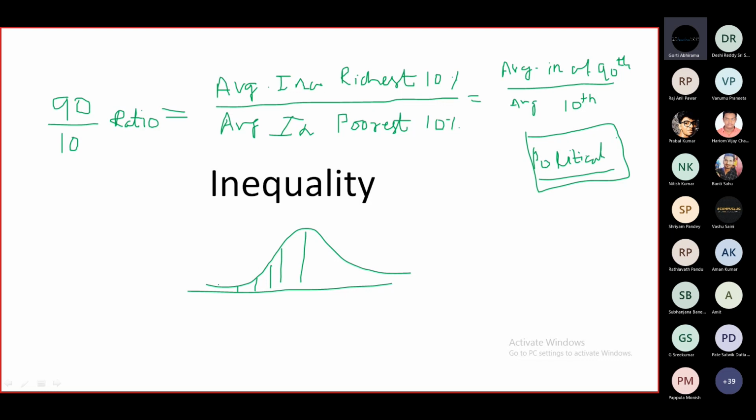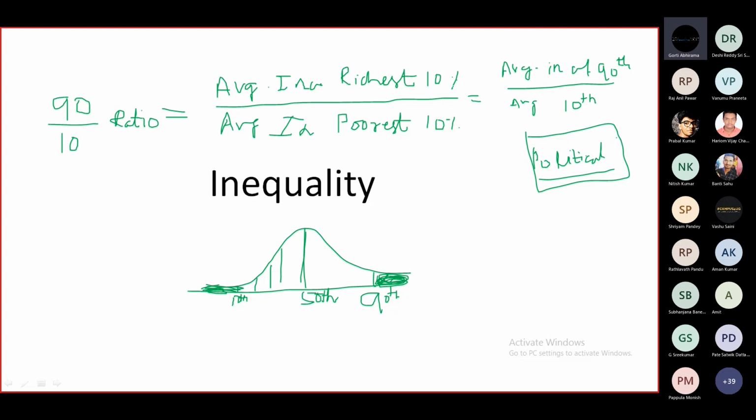This is my 10th percentile, this is my 50th percentile or median, and then this is my 90th percentile. So what I'm doing is taking the average income of the population here and dividing it by the average income of the population here. That is why it is the 90/10 ratio.